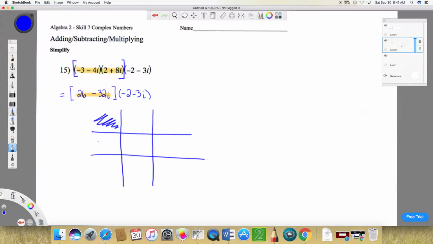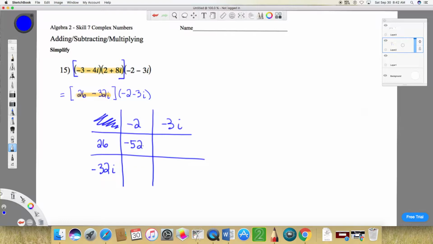And the 26 minus 32i and the negative 2 minus 3i. So positive 26 times a negative 2, I believe, is negative 52.